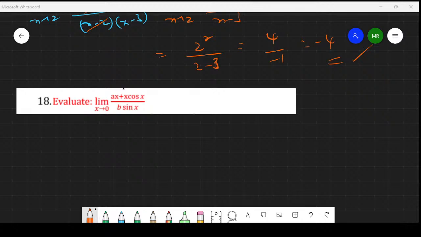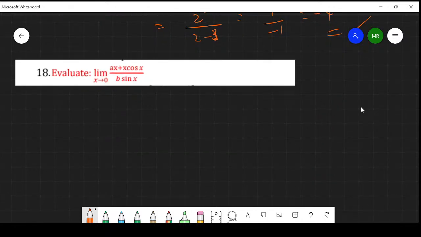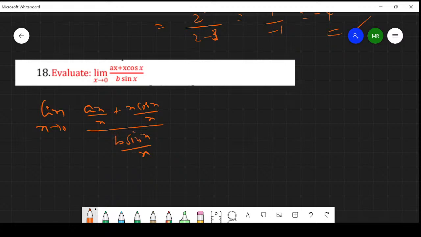As x approaches 0, you can divide numerator and denominator by x. Each term: ax by x, x cos x by x, and you divide this by b into sin x by x.